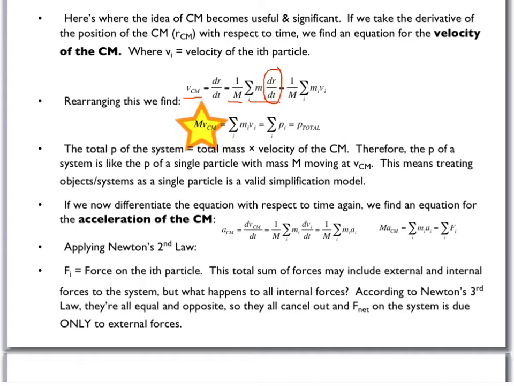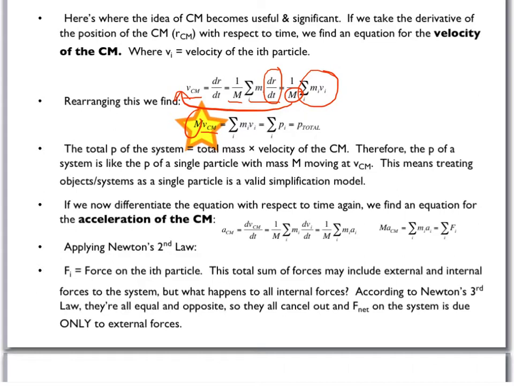So what we find here is that if we rearrange this a little bit, this big capital M can be moved over to the other side, so we've got a total mass times the velocity of the center of mass equaling the summation of all the little tiny bits of mass times their velocities, basically the summation of all the little tiny bits of momentum.